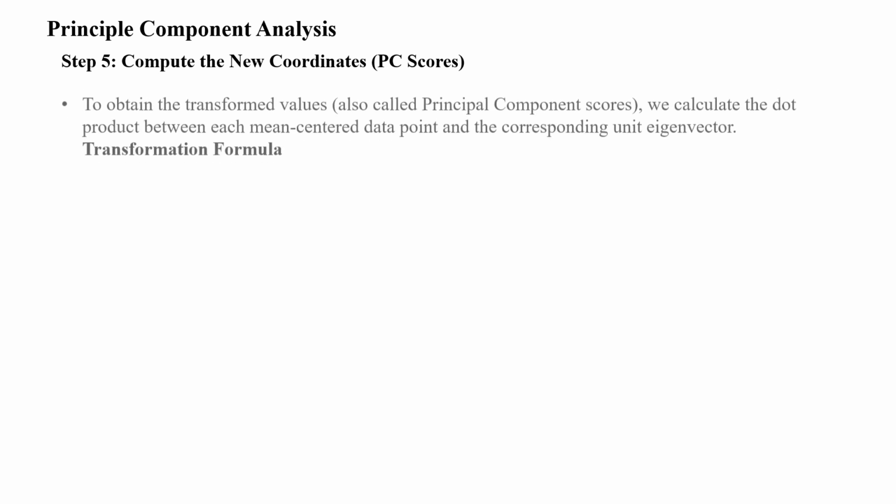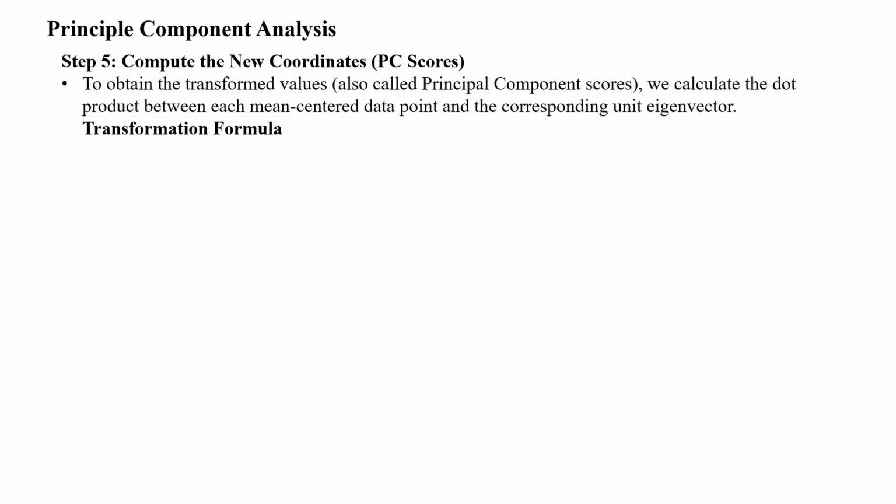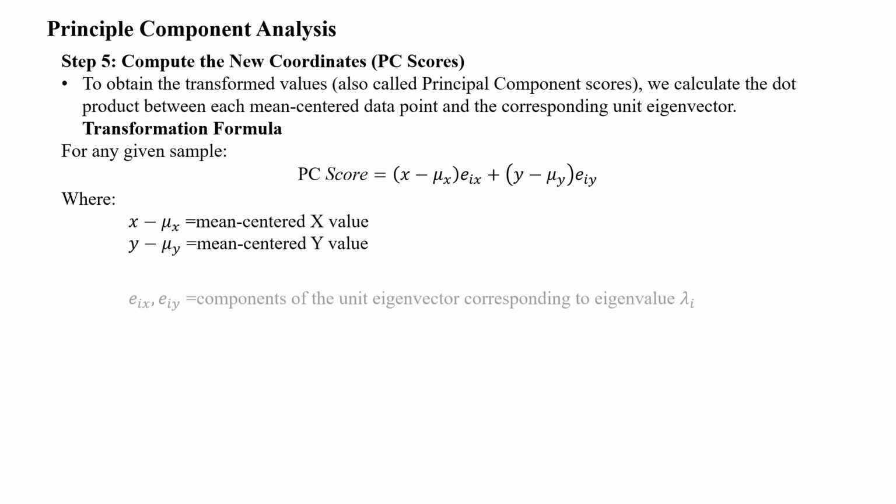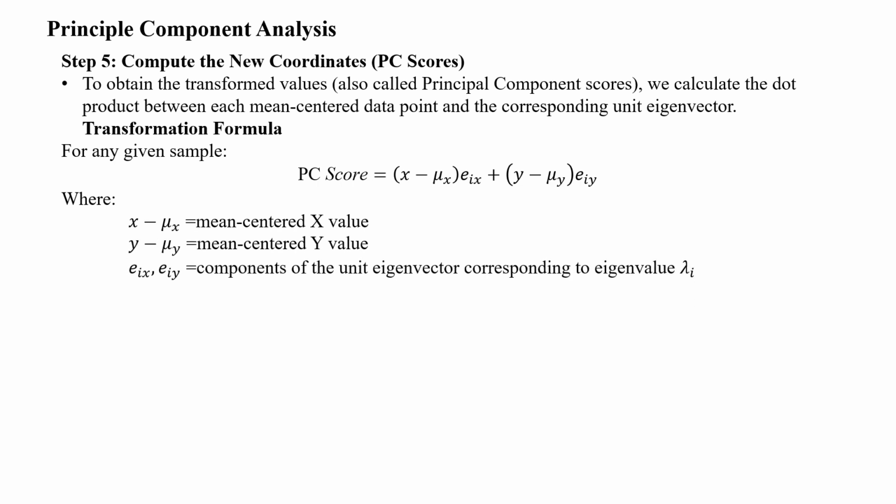To obtain the transformed values, we calculate the dot product between each mean-centered data point and the corresponding unit eigenvector. Transformation formula. For any given sample, the principal component score equals (x minus mu sub x) multiplied by E_x plus (y minus mu sub y) multiplied by E_y.